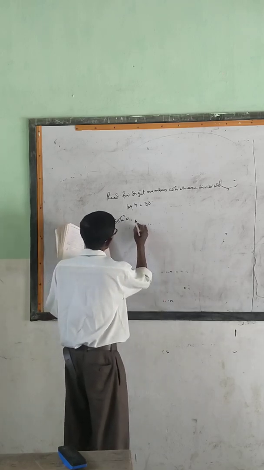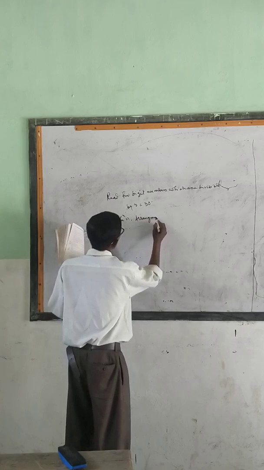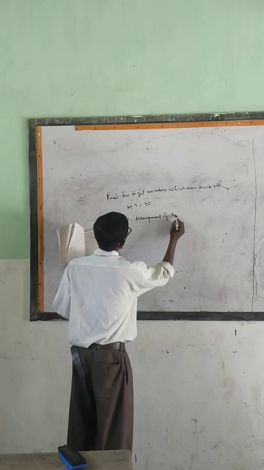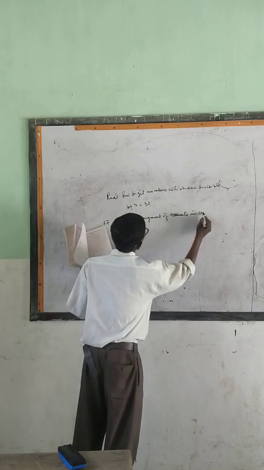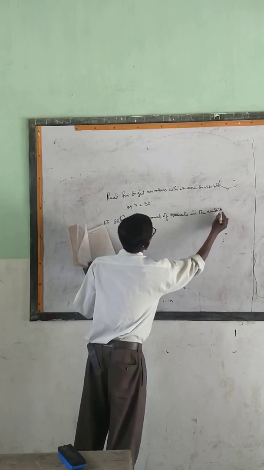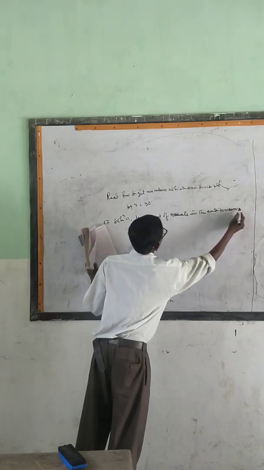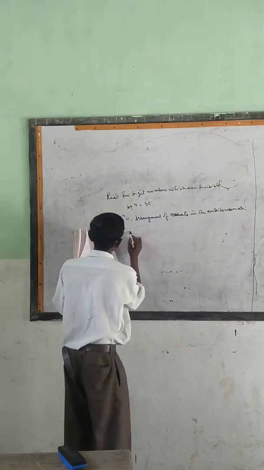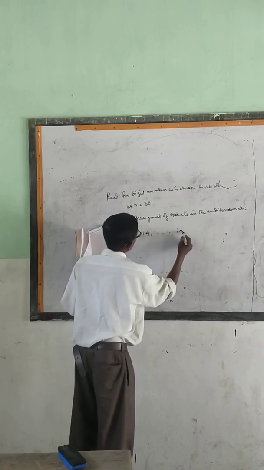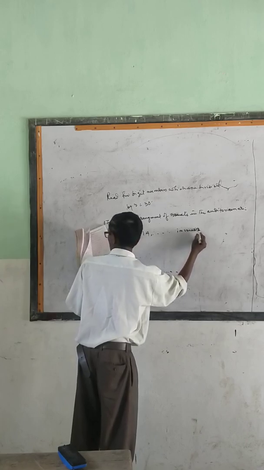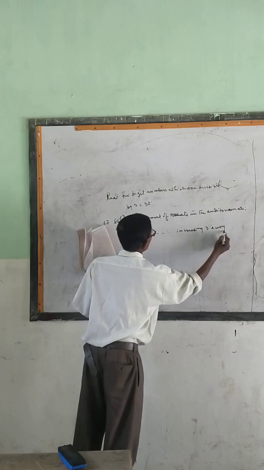So the arrangement of seats in the auditorium is 8, 11, 14, increasing by 3 every next row.